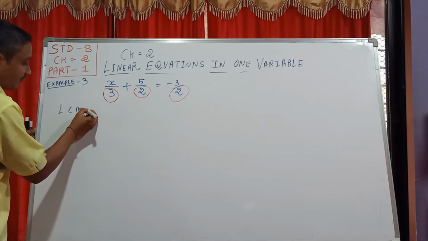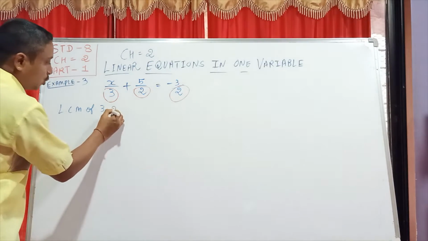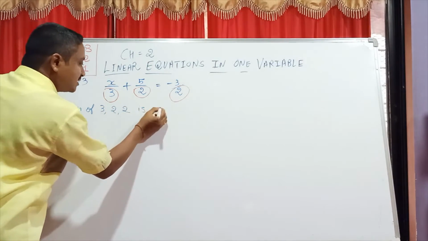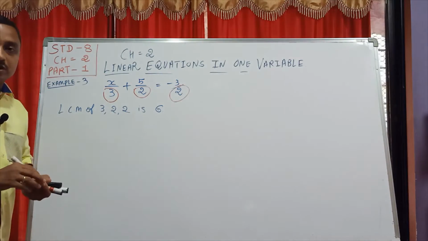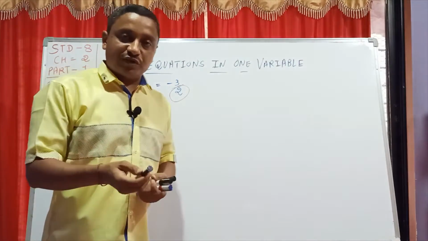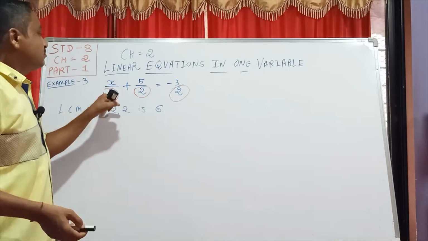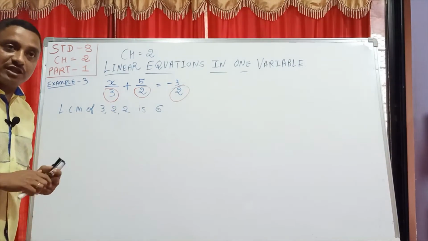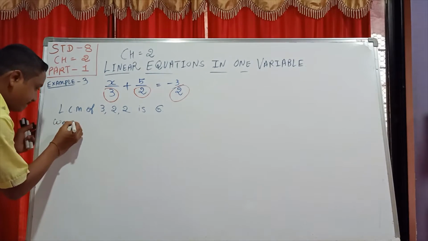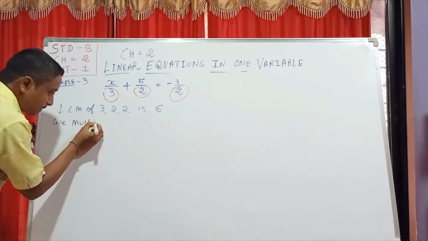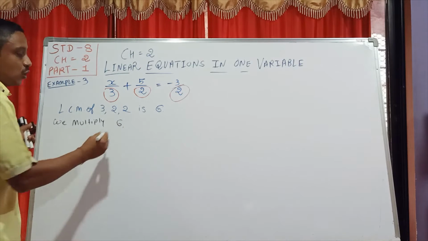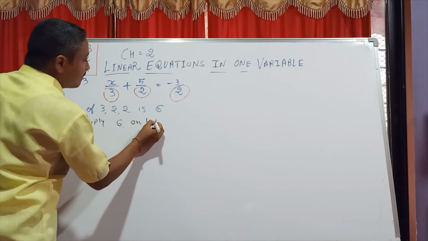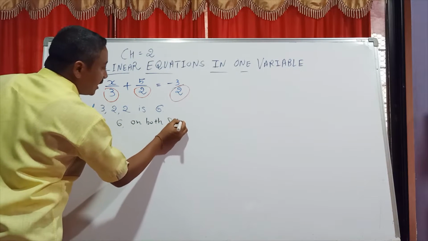LCM of 3, 2 and 2 is 6. Now this LCM 6 we multiply to each term whenever fractions are given in the question, so we multiply 6 on both sides. It's a very easy and simple process.